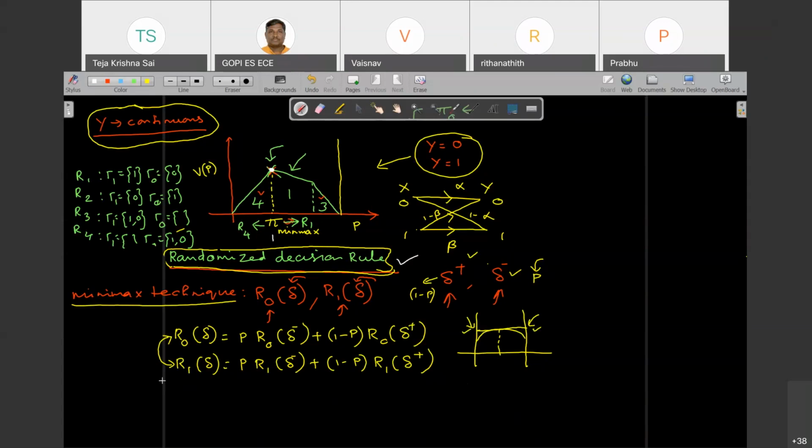So in other words, to find this P, I am just going to equate R naught of delta equal to R1 of delta. As simple as that.